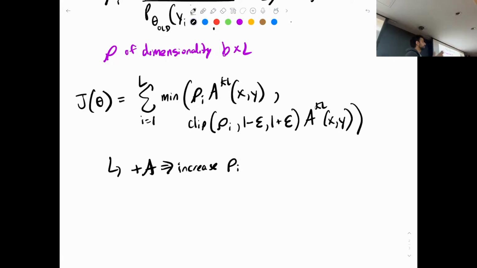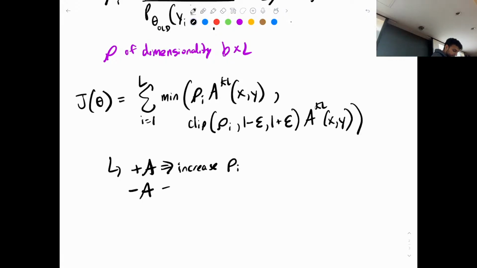Because that means that our new policy is putting more probability on this token in a favored response compared to our old policy. That said, of course, we don't want to increase it too much, right? We want to increase it, but do a slow, careful update so we don't exit that trust region. And if we do exit that region, then we're not going to perform any more updates on that particular token.